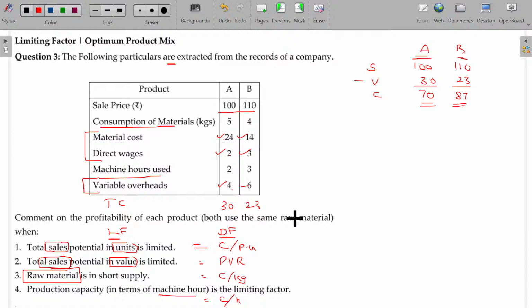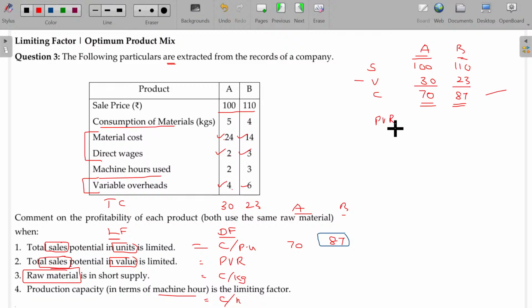So, product A as well as product B, contribution being 70 and 87. And which is chosen? B is chosen. In the next case, I am in need of PVR. Calculate the PVR here.